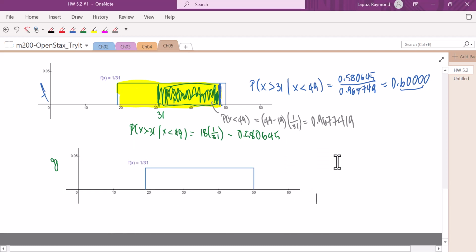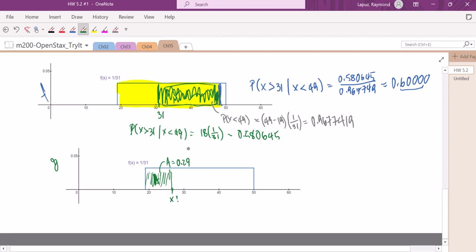So what we want to do is shade in a value. We're looking for a value here, x, that we don't know, so that the area here is going to be 29%, or 0.29. Remember, the area of the whole thing is 1, but we're looking for this area, A equals 0.29, the 29th percentile.